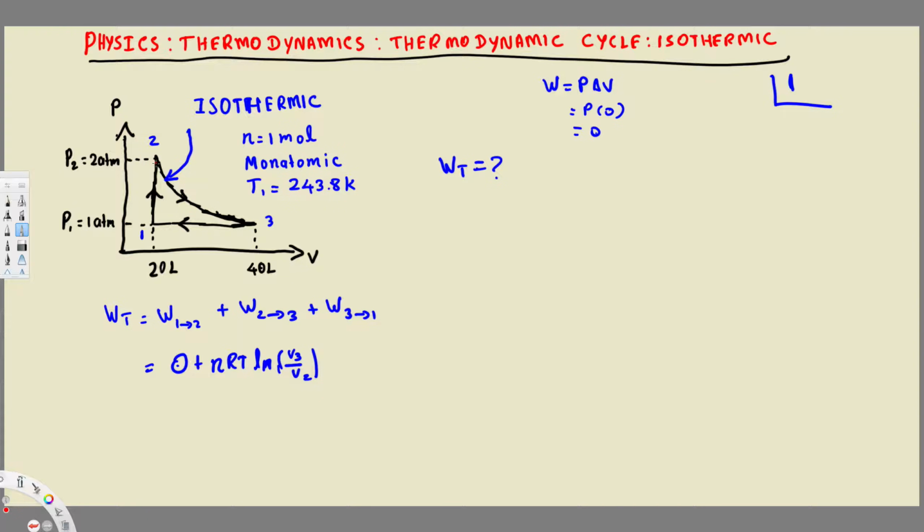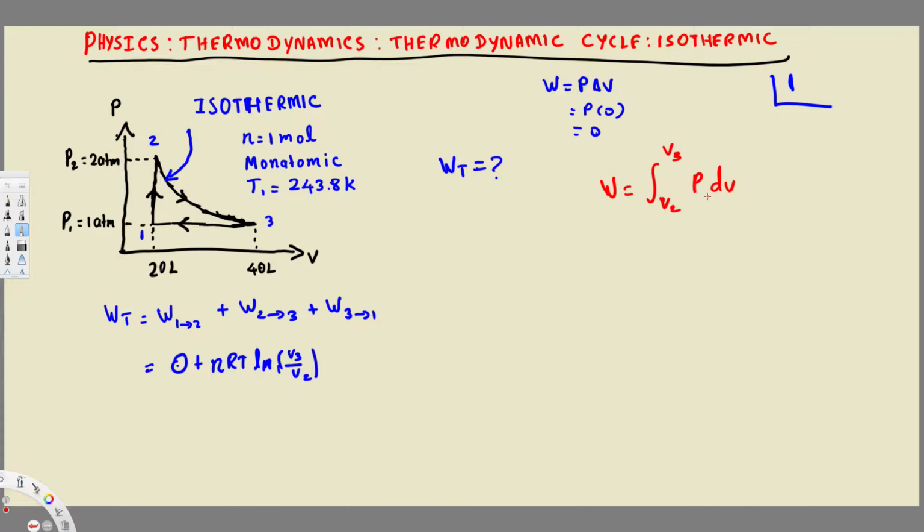Here, if you notice, this is not decreasing like a straight line, right? So here we use calculus. If you study calculus, you know that we can integrate. W is equal to the integral, going from 2 to 3, so V2 to V3, of P dV, right?